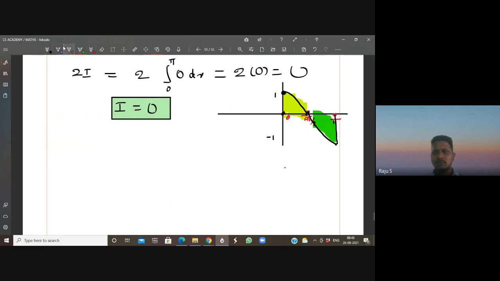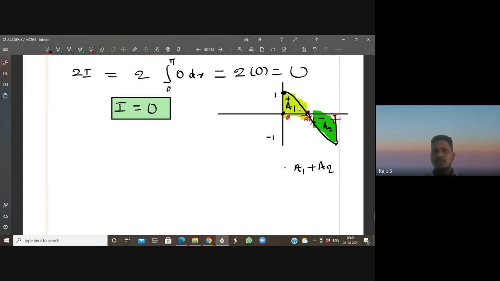So the area in the first quadrant is A1, and in the fourth quadrant is A2. Remember students, above the x-axis we consider the area positive, below the x-axis we consider the area negative. So A1 plus A2 is the total area.